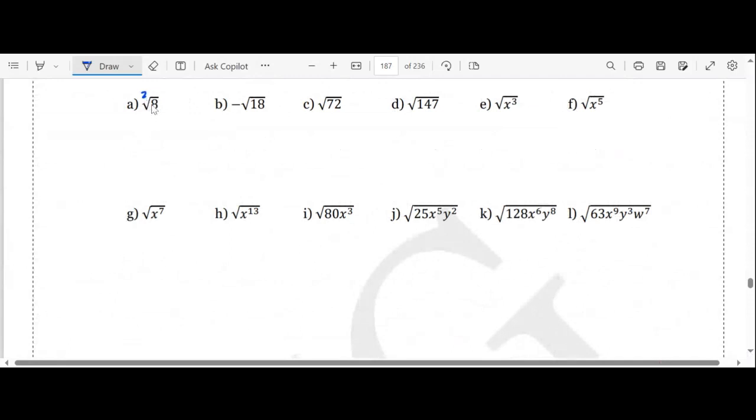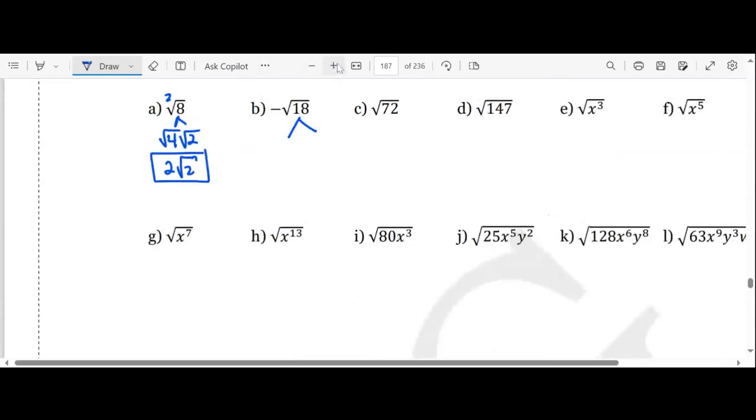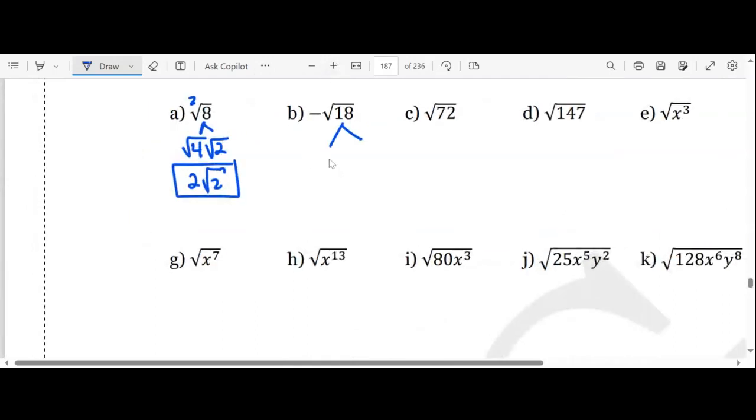So all you have to do is just divide by 2. Here, what are you going to divide by? By 2. But here, I have to break down the 8. It becomes what? 4 and 2, right? What's the square root of 4? 2. Do we have a square root of 2? No, just keep it as it is. 18 is what by what? 9 times 2. You have to get what is called a perfect square number, right? So 9 is a perfect square number.